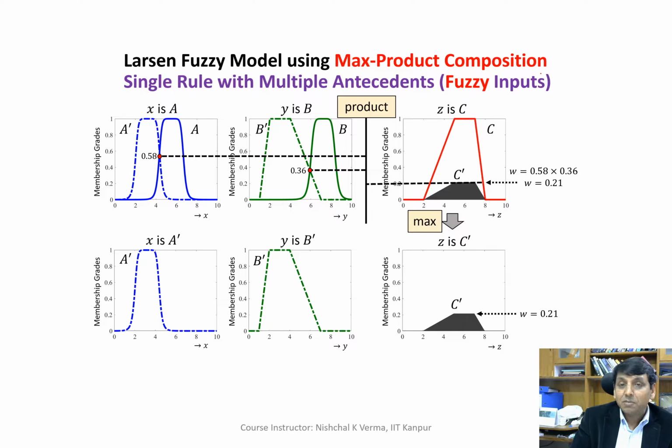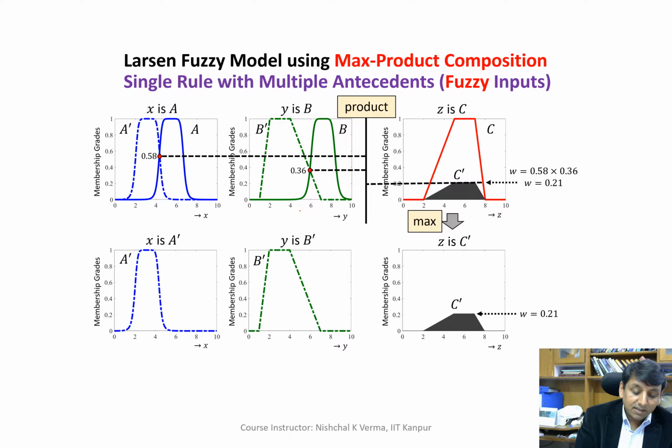Since we have multiple antecedents, and the rule here has two antecedents, the max product composition will give us a different result, because in the first case we took the max min. So we took the minimum of the weights, which in the previous case was 0.36.